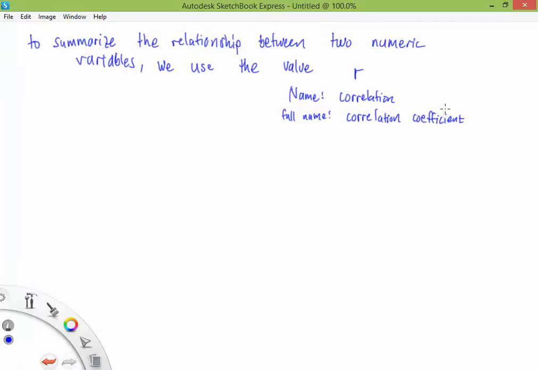Again, this is just a summary to describe the relationship between two numeric variables. We have values like the mean to summarize what? What does the mean summarize? Okay, and what does the average summarize?